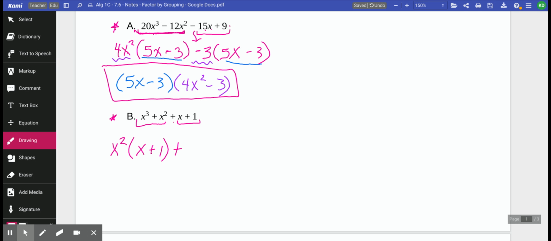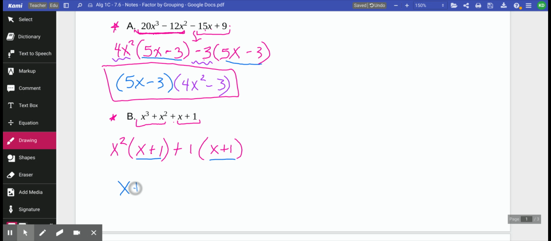And we're going to say, what do x plus 1 have in common? Well, not really anything, except we have said that we always have this 1 in common. So we can always factor out a 1, but we usually don't. Here's where it's going to help us, right? Because we're going to need that in our next step. So just like before, we should have parentheses that match, right?